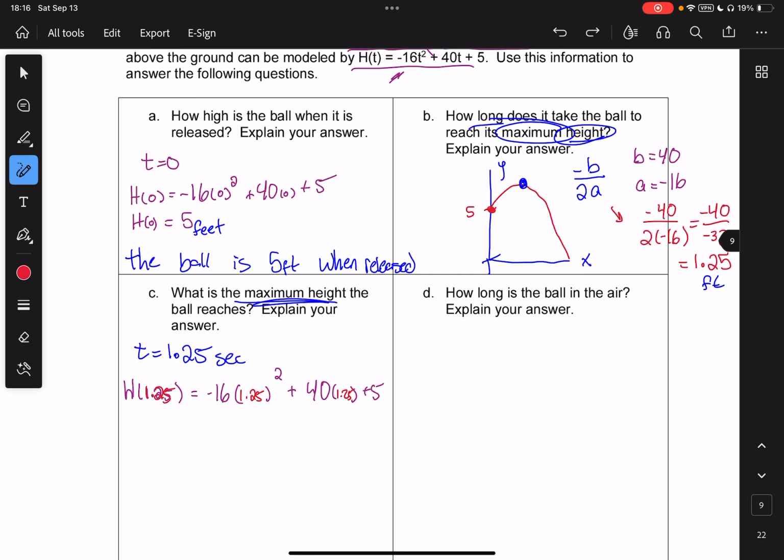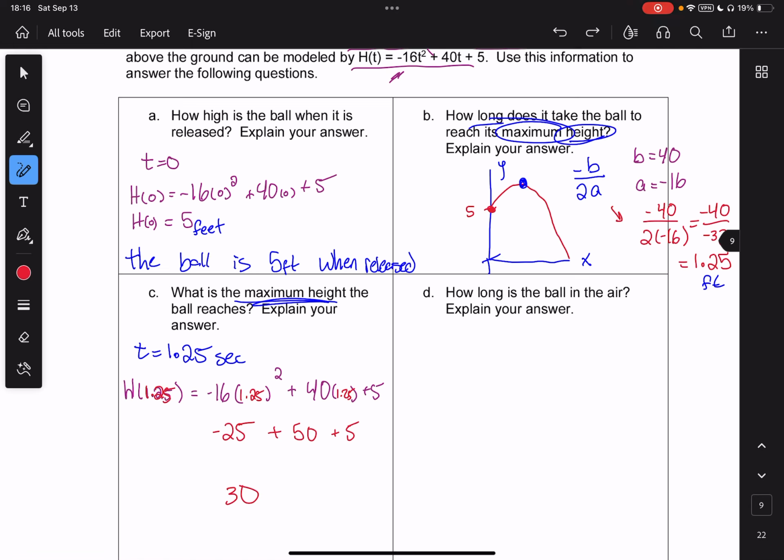So negative 16 times 1.25 squared, this becomes negative 25, plus 40 times 1.25, which is 50, plus 5. So 25 plus 50 plus 5 is 30.